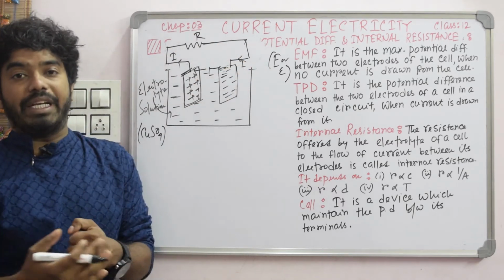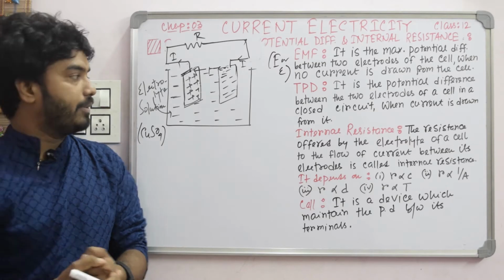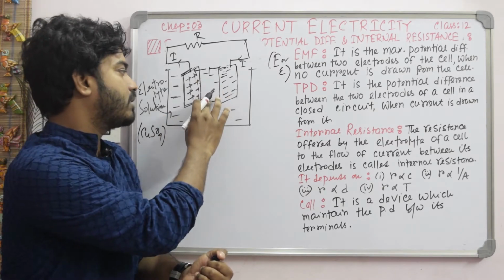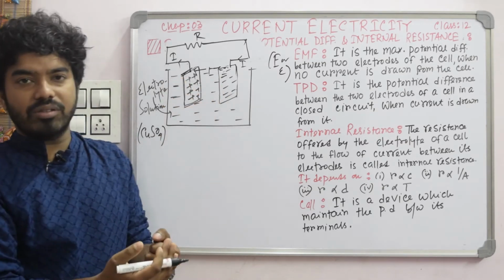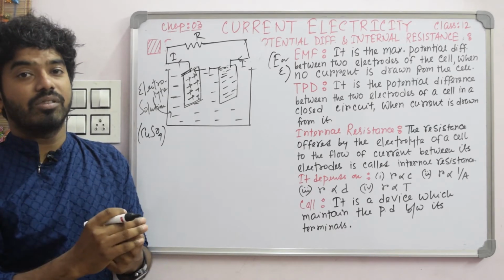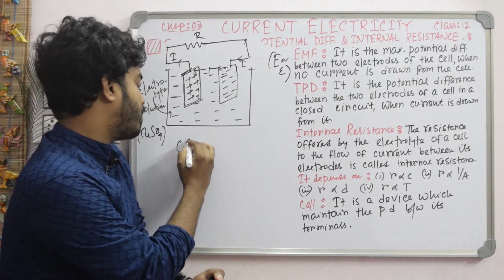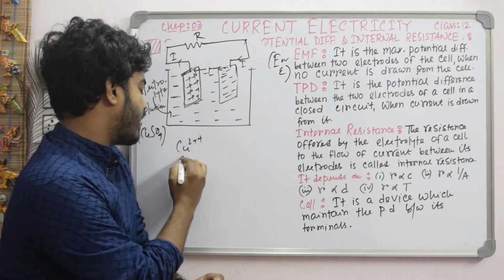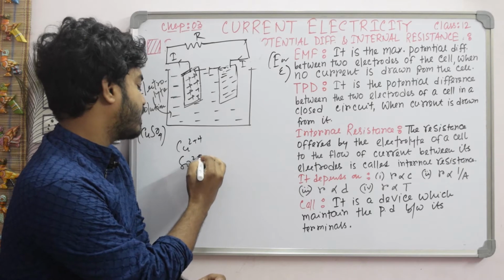Now what happened? Here in between the two plates, are there any electrons or any ions? The answer is ions. There are Cu2+ and SO4 2-.